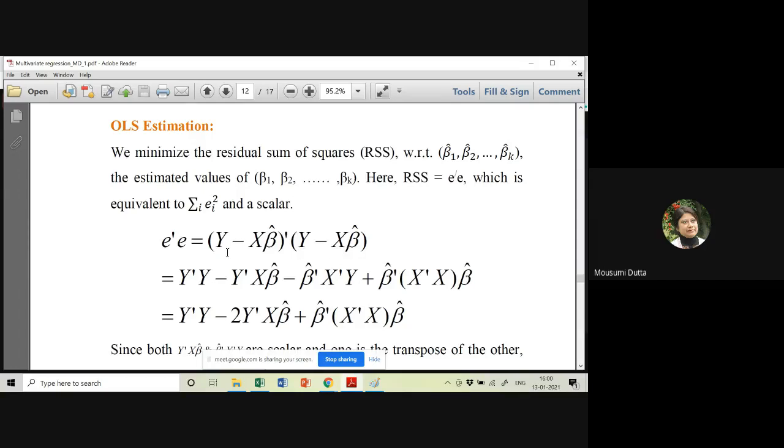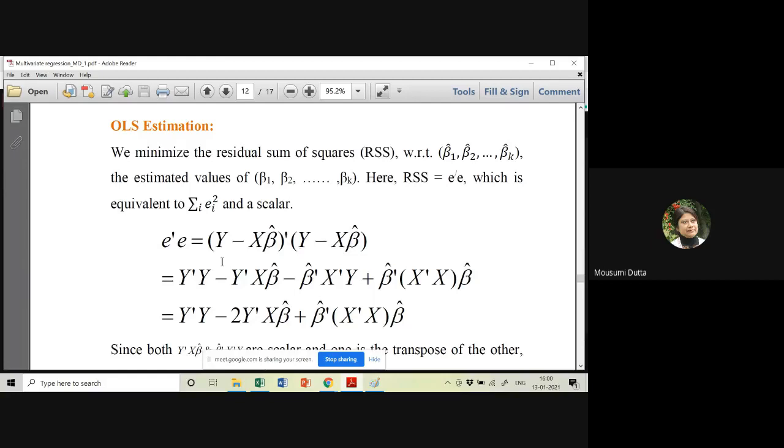From our previous notion, e is y minus y hat, and y hat is x beta hat. So e is y minus x beta hat, and e transpose e is (y minus x beta hat) transpose (y minus x beta hat).